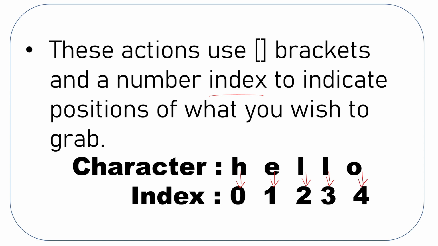So if I wanted to grab the E, I would pass 1 inside the square brackets after the string, and it would return E. We will see an example of that later on.